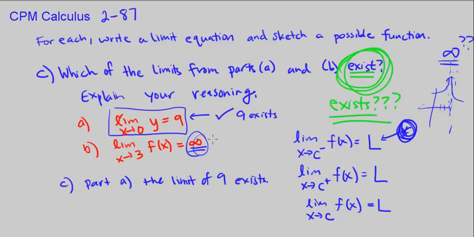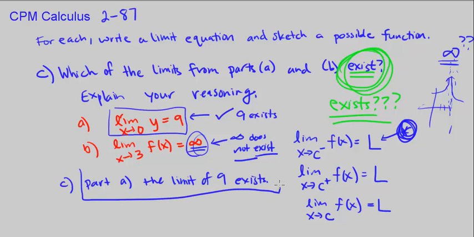So in actuality, infinity does not exist. Only in part A, the limit of 9 exists. In part B, where the limit is infinity, the limit does not exist.